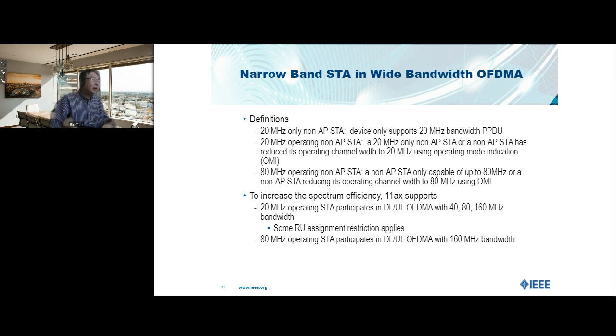There's some minor RU assignment restriction because devices have DC tones in different tones, which causes some challenges, but those are details you can find in the spec. But overall, you can see 11ax much better supports IoT devices from an efficiency point of view.